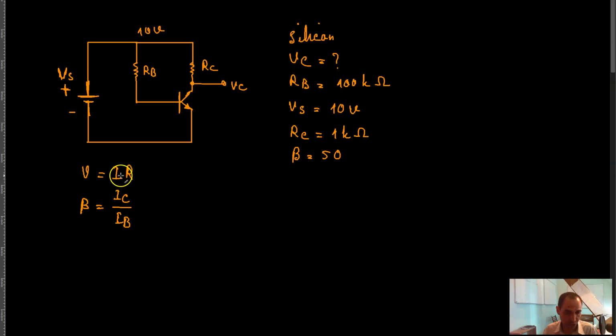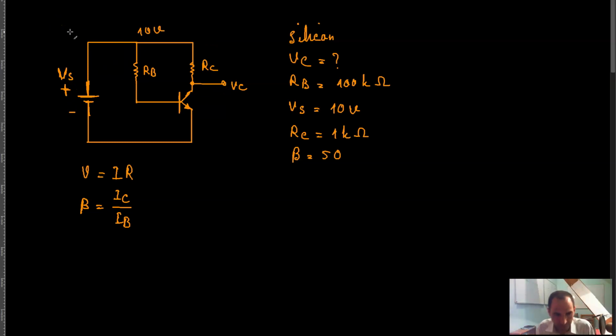I will substitute that current over here, and then using that I will be able to calculate the voltage drop across this resistor, and then using that voltage drop I will be able to calculate the voltage drop across the PN junction of the transistor, which is this V of C that we ultimately want to calculate. So let's see how we can do that, basically that whole calculation.